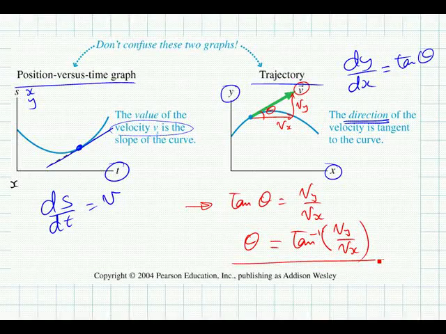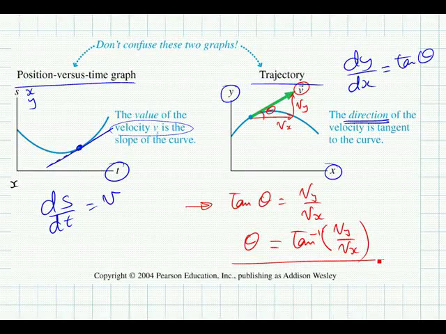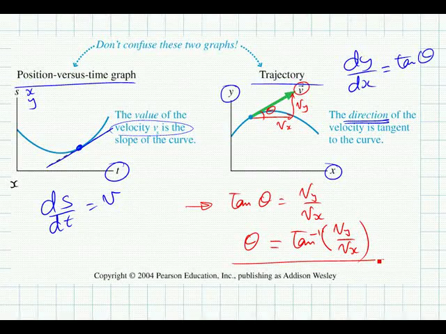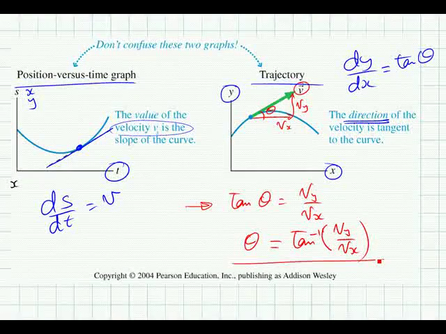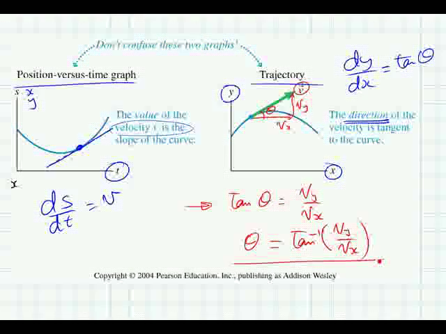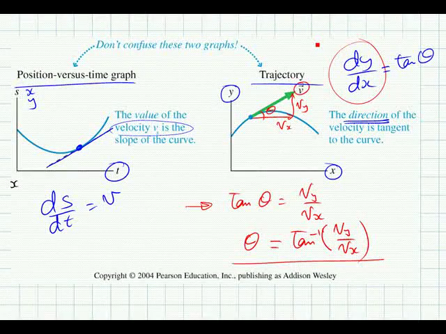So once again, it's a useful piece of information to bear in mind, that you can determine the direction of the velocity of the object moving along a plane by simply looking at the slope of the trajectory at any point.